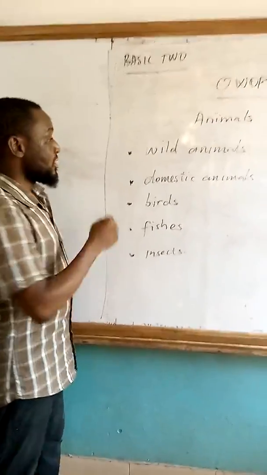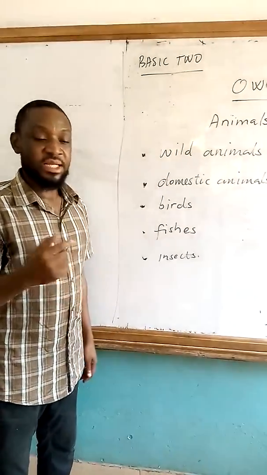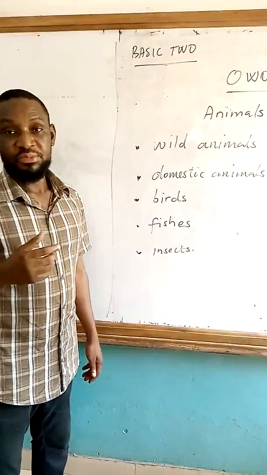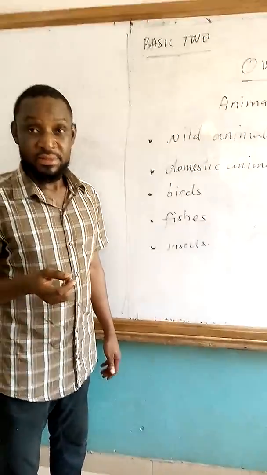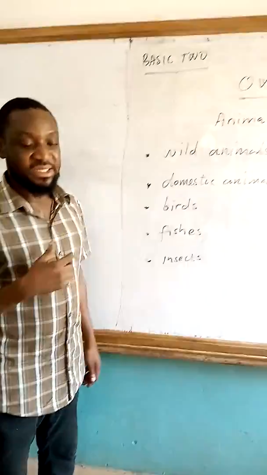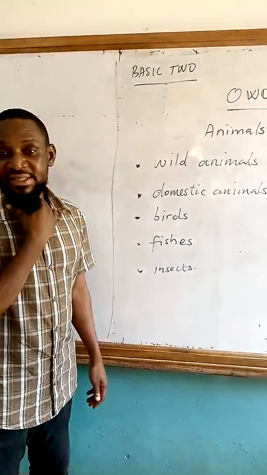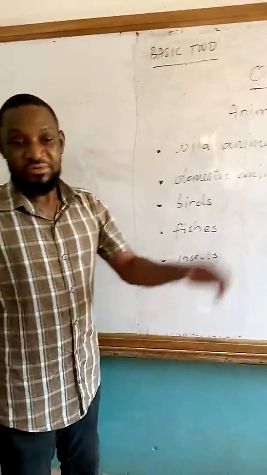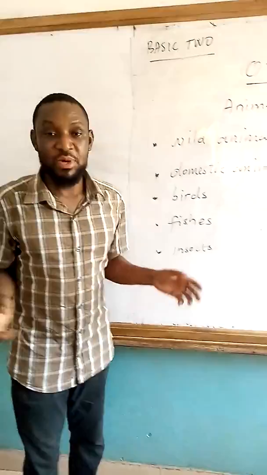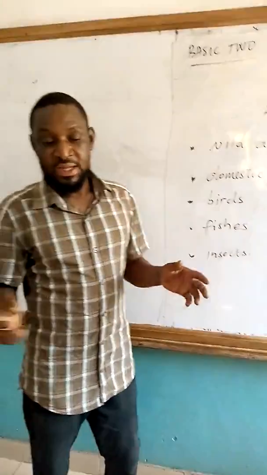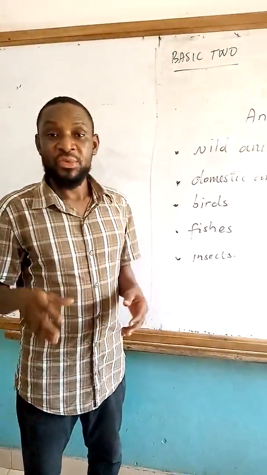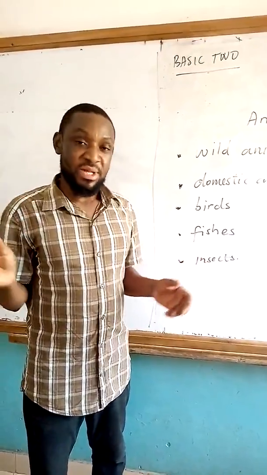Now, before we look at wild animals, let's try to know what animals are. Animals are living things that live on earth, just like you and I, all of us. As a matter of fact, human beings are also animals, but we are higher animals.